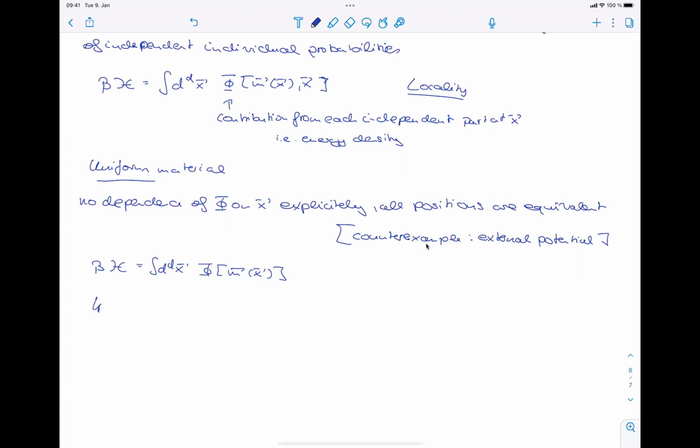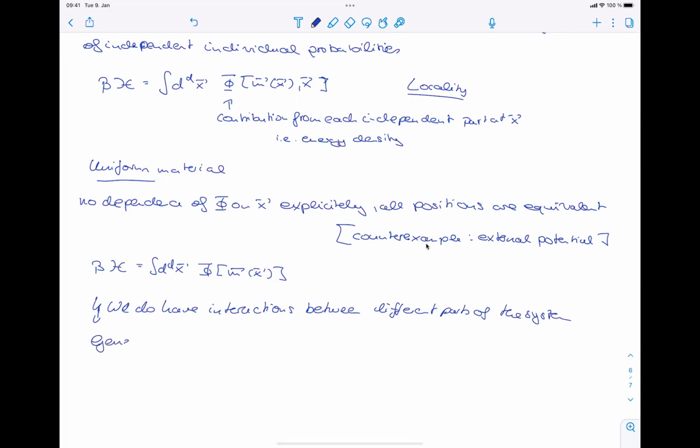So we do have interactions between different parts of the system.